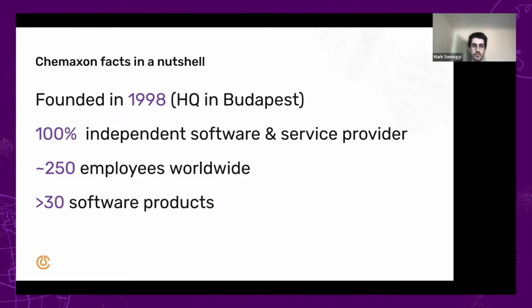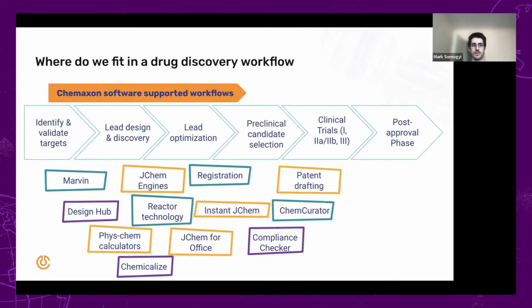Our versatile product portfolio consists of more than 30 software products, which fit the different stages of the drug discovery workflow, starting from target validation to lead discovery and design, till clinical trials. For each of these drug discovery stages, you can find the appropriate software package that can help your work. Our product portfolio consists of tools for designing, searching, registering, and analyzing drug modalities, helping scientists to manage chemical and biological data.